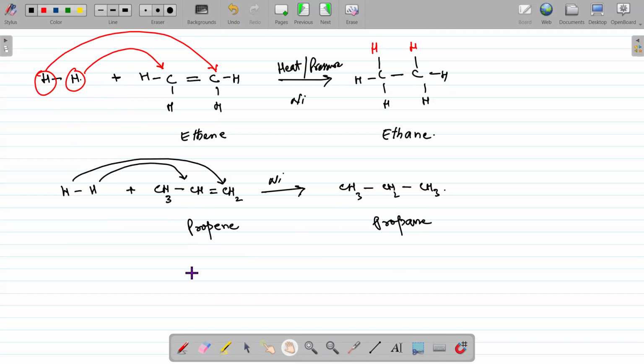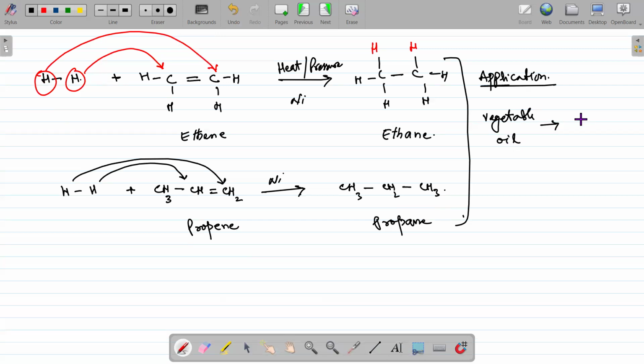And the application of this reaction is very important. We use this reaction in industry to convert vegetable oil into margarine, right? So actually vegetable oils are unsaturated molecules.